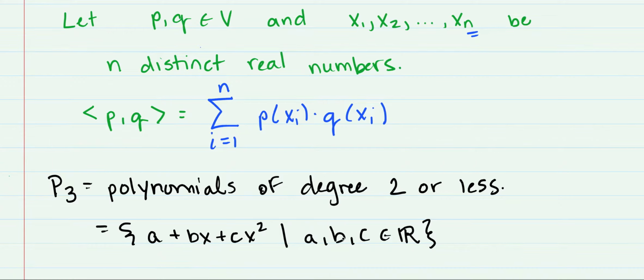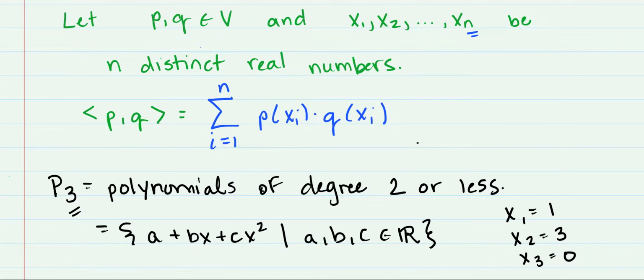And we need to pick 3 distinct points. So let's say x1 is 1, x2 is 3, and x3 is 0. So all of these numbers are different, and as long as they're real numbers, you could also do something like 1.5, or you could put a pi here and a negative 12. Whatever you want to put, as long as you don't repeat numbers.